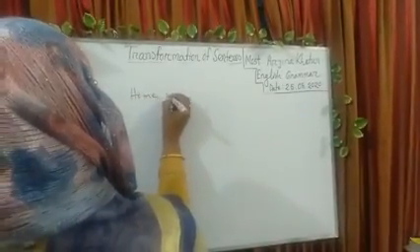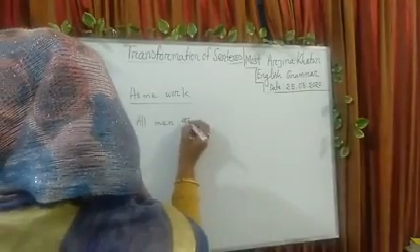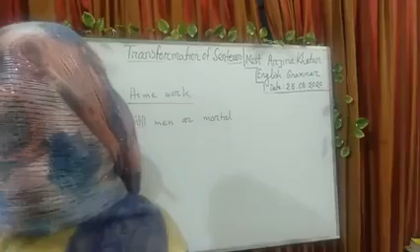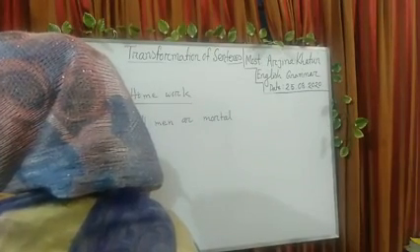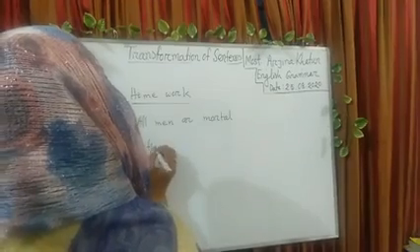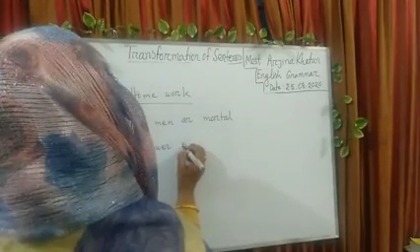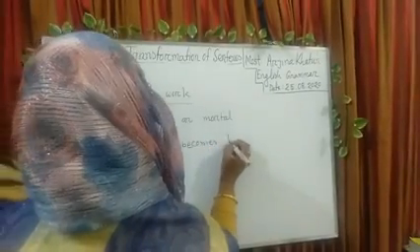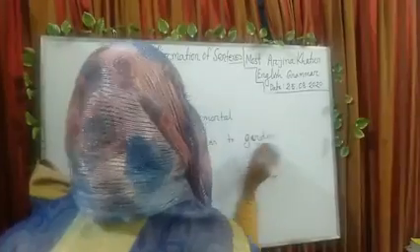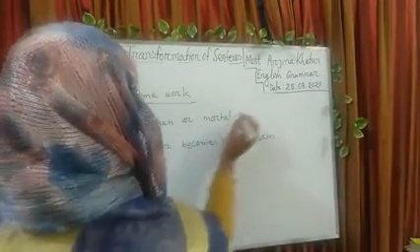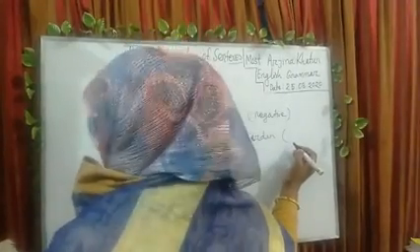Homework. First, all men are mortal. Second, the flower becomes beautiful to the garden. Make the first negative and the second interrogative.